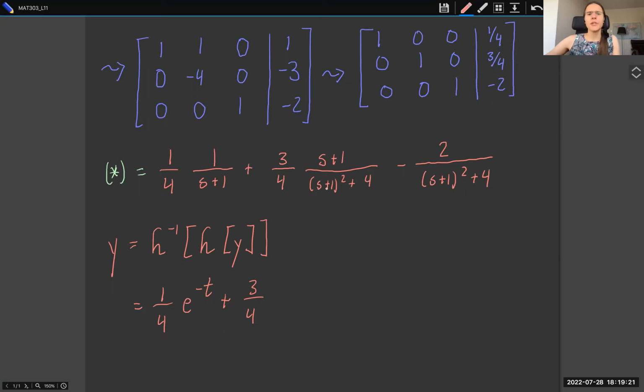How we do it is we first, if we have the inverse Laplace transform of something like s plus 1 over s plus 1 squared plus 4, then the first thing that we do is, remember, we write e to the minus t, and then we change the variables.